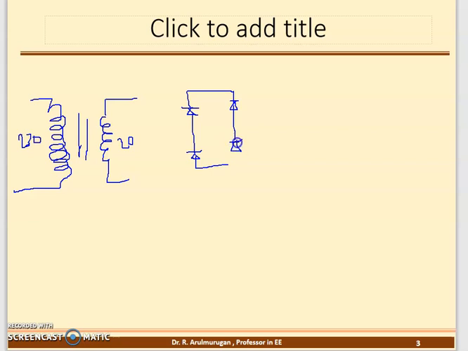At this point you connect the load. This is a load, a lamp load or whatever resistance load you use. Any type of load you can use. You can give the names 1, 2, 3, 4.